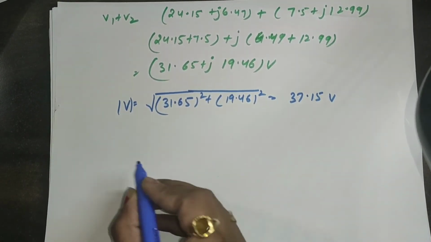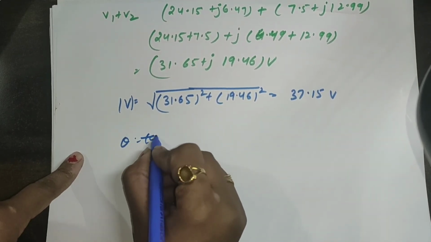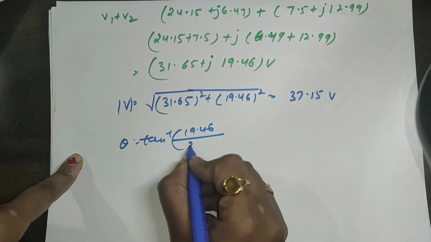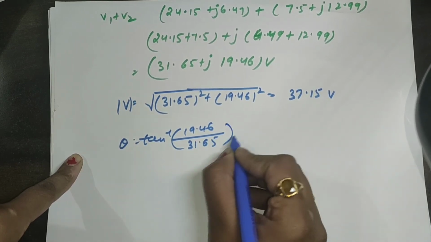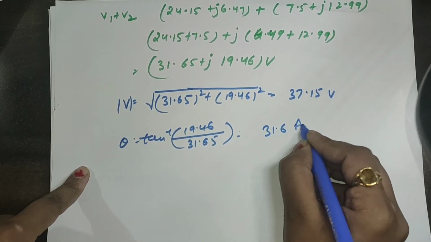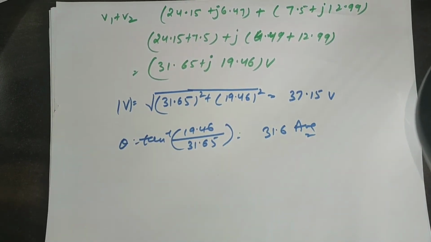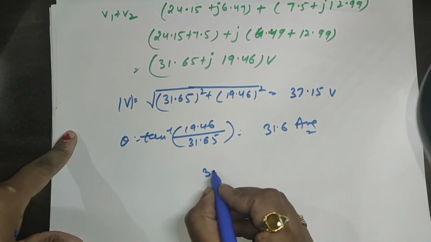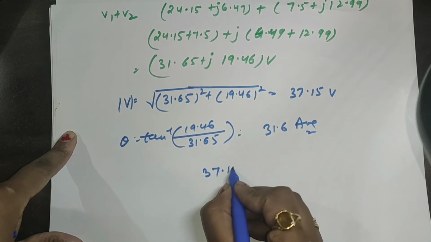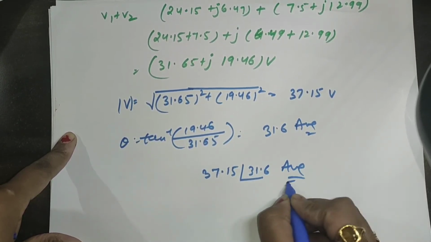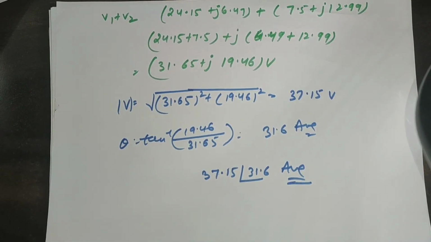Now theta will be tan inverse 19.46 upon 31.65, and the value is 31.6 degrees. Now if you want to convert it into polar form, because the question was in polar form, that will be 37.15 angle 31.6. This is your answer, or we can say the resultant voltage.